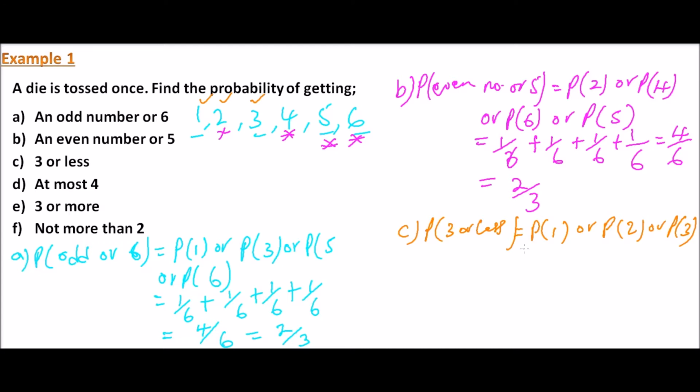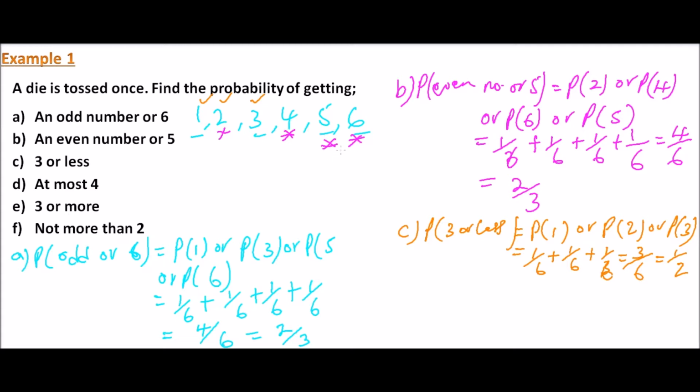So this gives us probability of getting 1 is 1 over 6, plus probability of getting 2 is 1 over 6, plus probability of getting 3 is 1 over 6, which gives us 3 over 6, which is actually a half. So that is the probability of getting 3 or less.